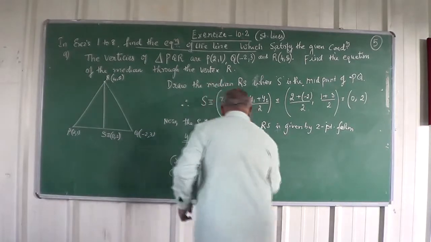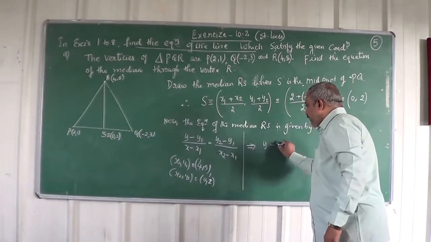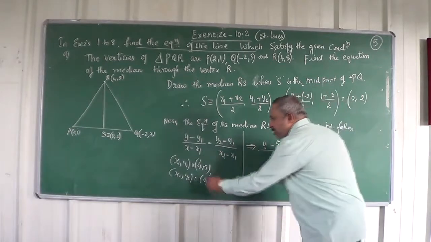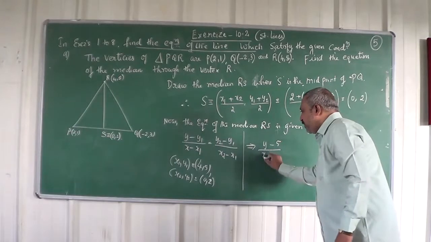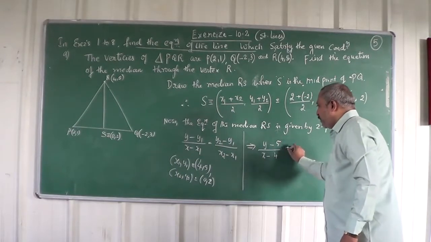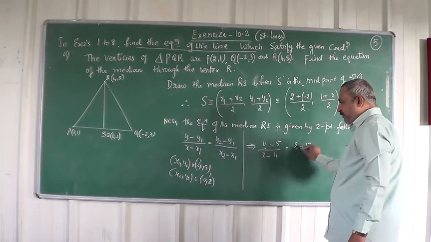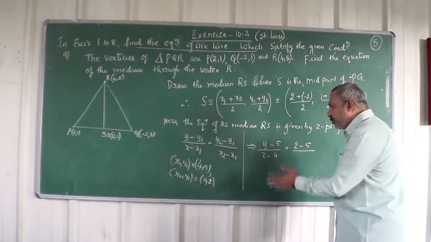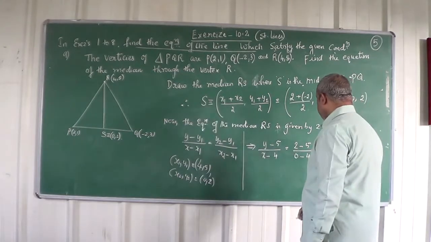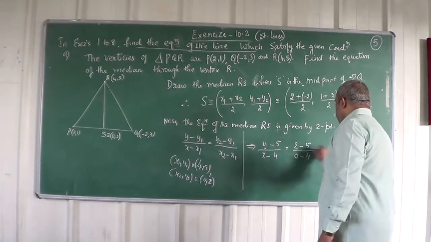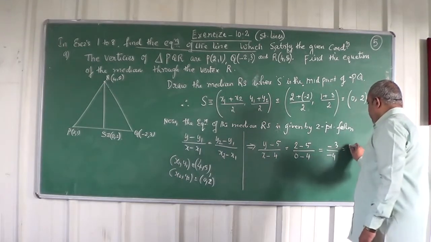So now you substitute the values. So this implies (y minus 5)/(x minus 4) equals (y2 minus y1)/(x2 minus x1), that is (2 minus 5)/(0 minus 4). So that is 2 minus 5 is minus 3, by minus 4. That is 3 by 4.